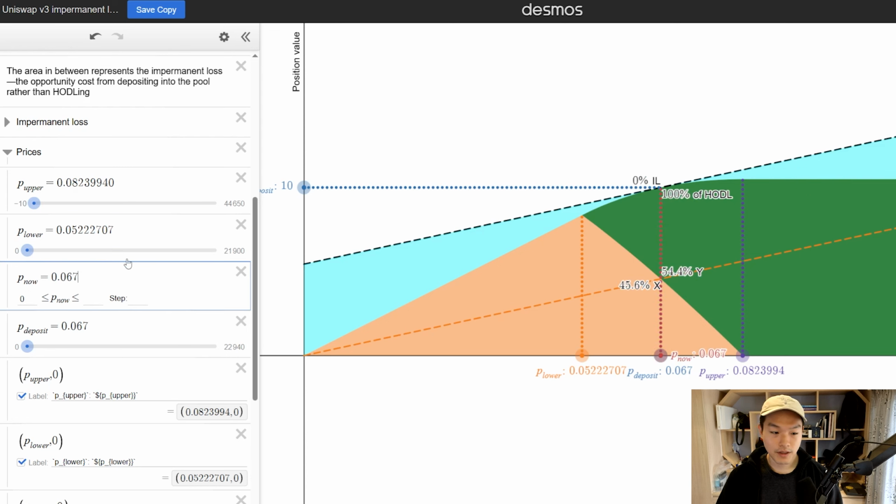Let's say the price now is also at 0.067. This is basically the scenario they had. They deposited near 0.067 and the SOL/ETH price is also near 0.067. So barely any impermanent loss, and whatever they collected in fees on top is basically profit in crypto terms, right?